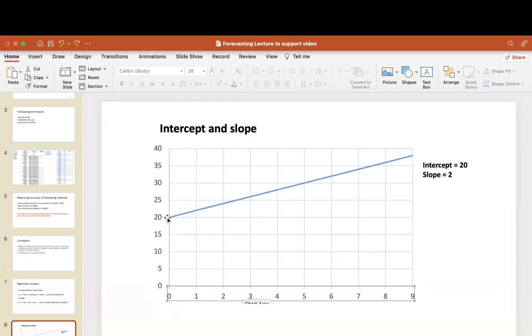So when you move from 0 to 1, it changes from 20 to 22. And when I move from 1 to 2, this is 22, and then it becomes 24. So you see there is a difference of 2. Every time I move on x-axis by 1 degree, the corresponding increase in y-axis is 2 points. That is called a slope.